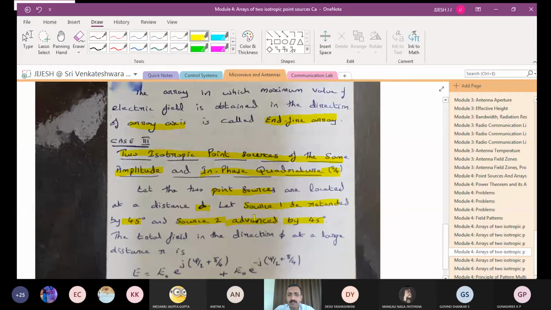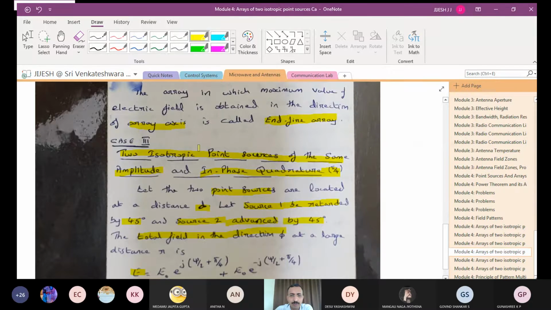Now we can write the relevant equation for that. We can see how to put this in the form of an equation. The total field in the direction of phi at a large distance r can be written using the equation for E, considering the in phase quadrature. All of you can make a note of these things.